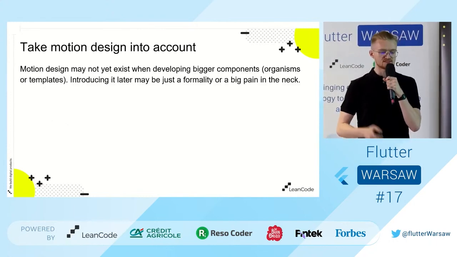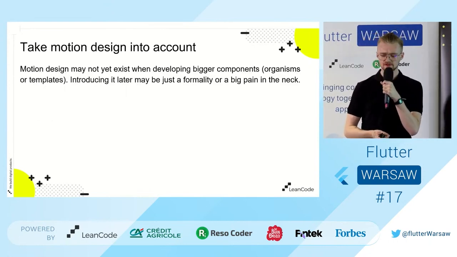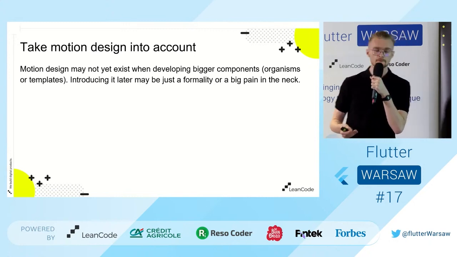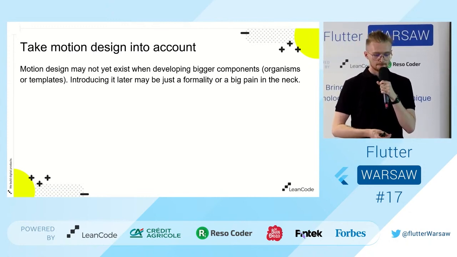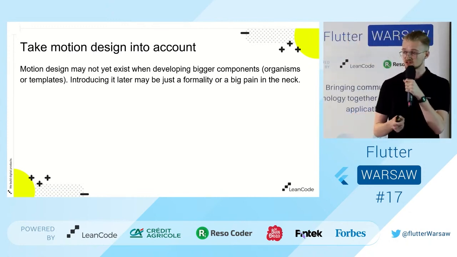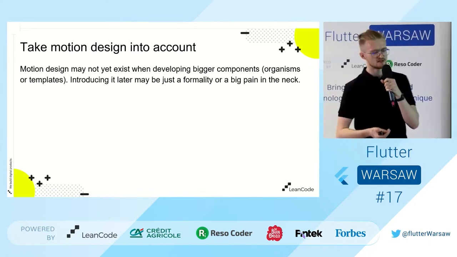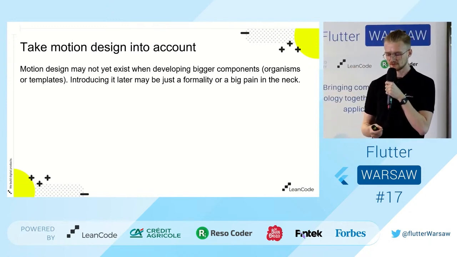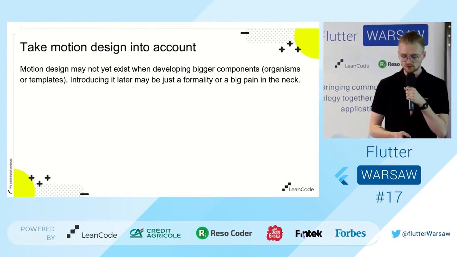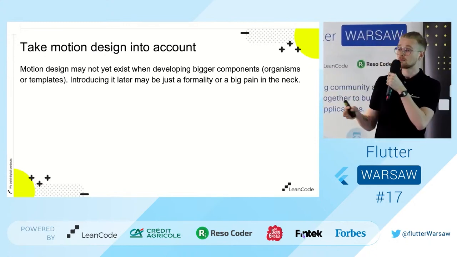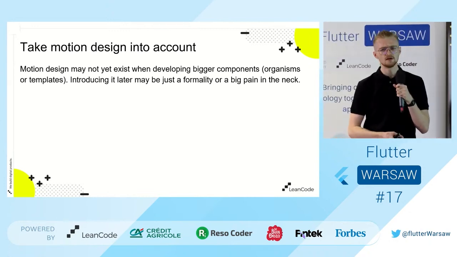An example of such a thing could be motion design. Motion design wasn't in our project from the very beginning. When you have a button that just changes the color of a text or a background, it's really easy to implement motion design later. But when you have this big start page, as you can maybe see on the screen in the second row, where the whole page is animated, the motion plays a crucial role.